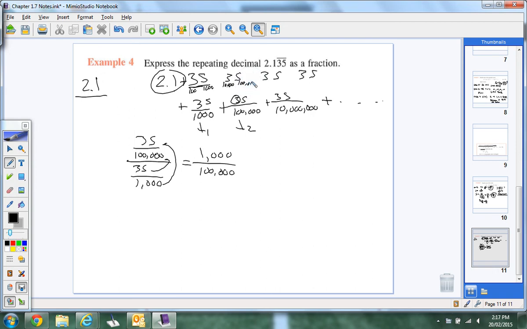Since we're stopping every 2, this one's in the 100,000ths. We're going like every second number. So second term over first term gives me 0.01 as my R. Is 0.01 less than 1? Yes, so this is another convergent series.